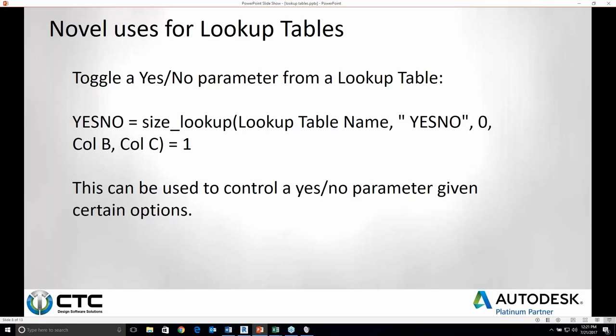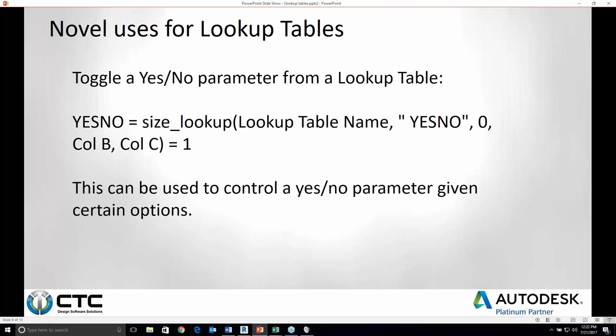The default value would be 0 if it doesn't find an appropriate yes, no, or 1. Then we'll start with column B and column C, and both of those conditions need to be met before it returns a 1. So it's kind of like an AND function. And then at the end, we put equals 1.